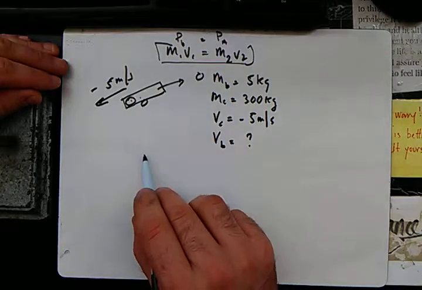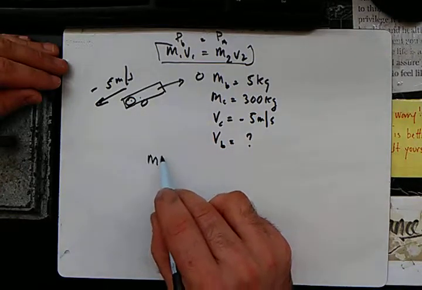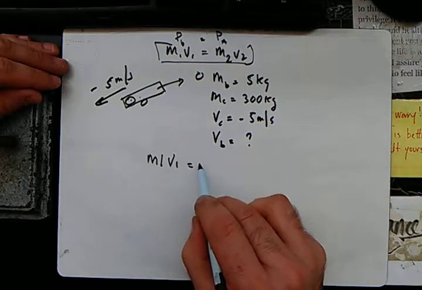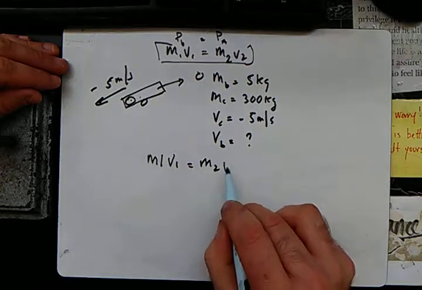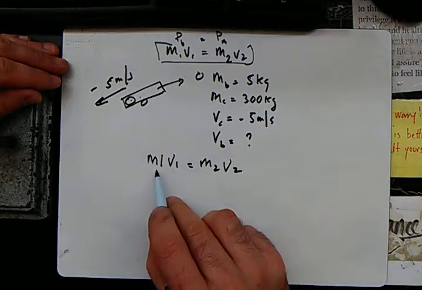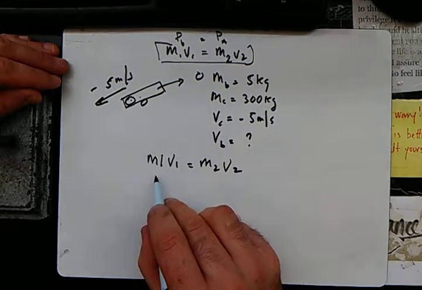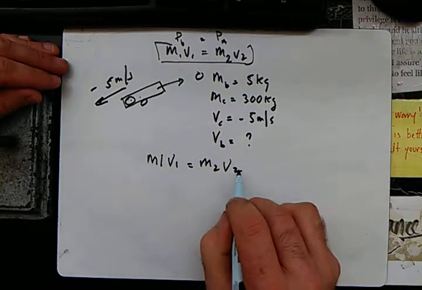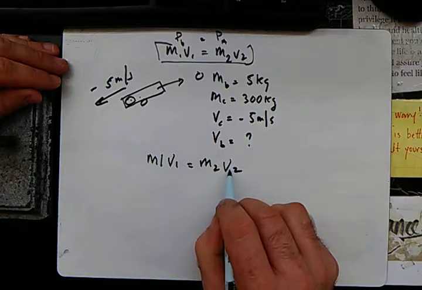Let's just solve it out. M1 V1 is M2 V2. M1 we'll call the mass of the cannon, and we're looking for the velocity of the ball.